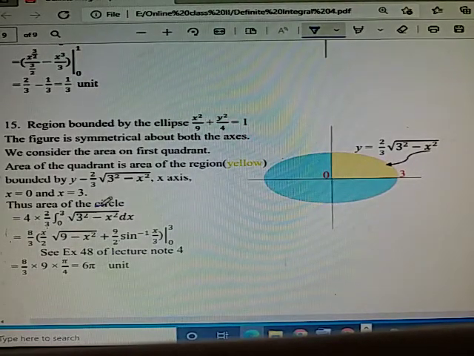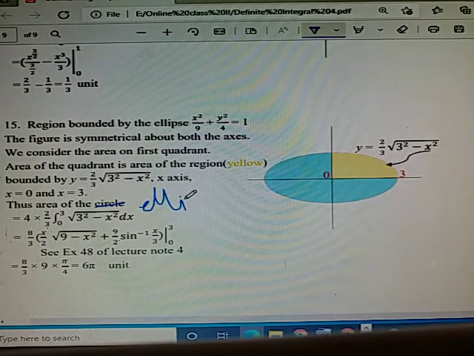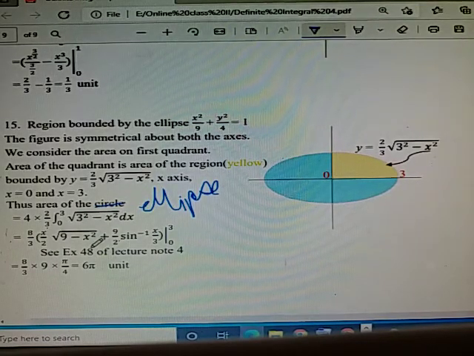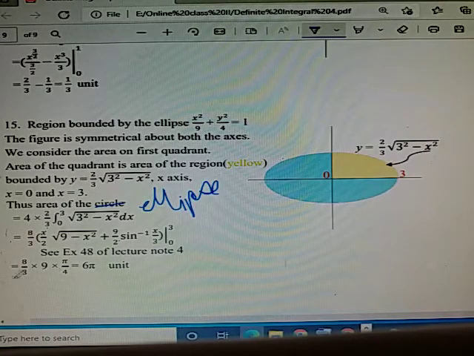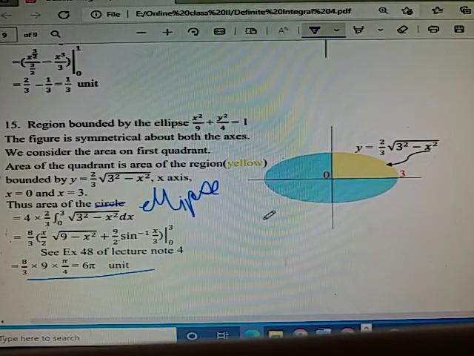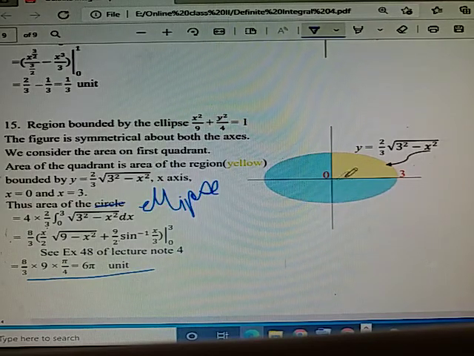This is not a circle, this should be an ellipse, I think. So the area of the ellipse is 4 times this value. So this is our value, 6 pi for this ellipse.